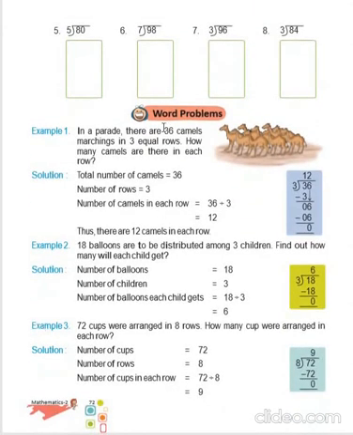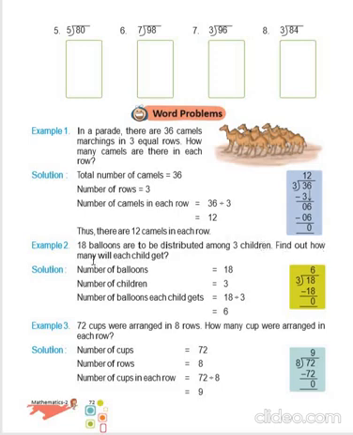Now come to word problems. In a parade, there are 36 camels marching in 3 equal rows. How many camels are there in each row? So it will be 36 divided by 3, which is equal to 12. So there are 12 camels in each row. Come to example 2. 18 balloons are to be distributed among 3 children.